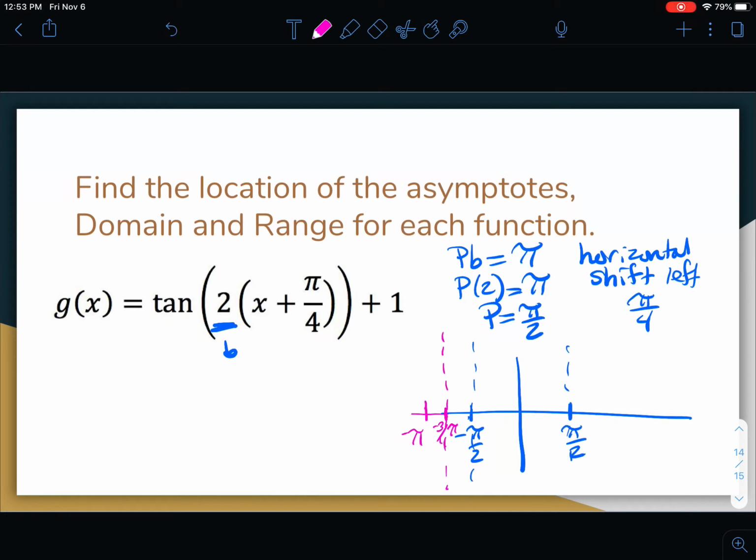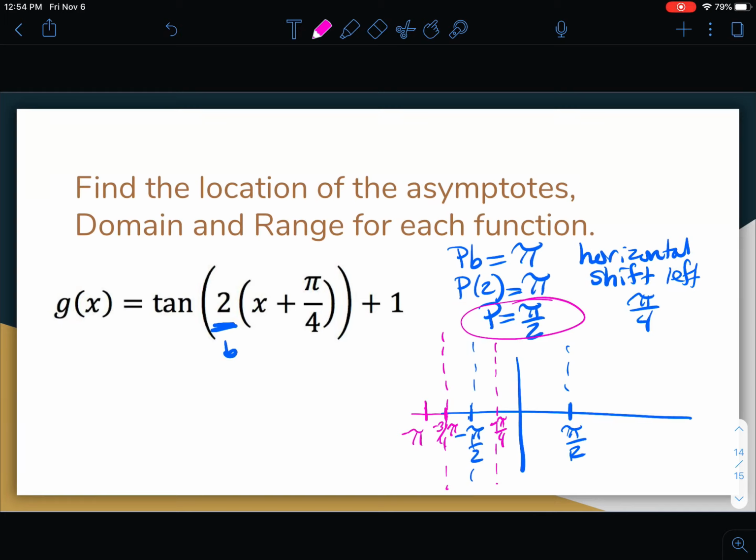Okay, and then now here's the tricky part too, is we are going to talk about the period only being 1/2 pi. So we're shifting this over. But this is the period right here, right? It's a total, so this would be negative pi over 4.